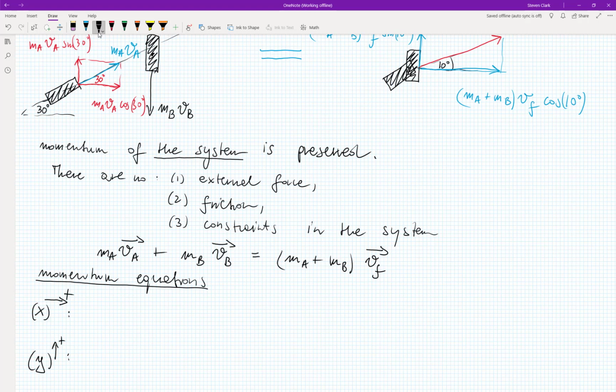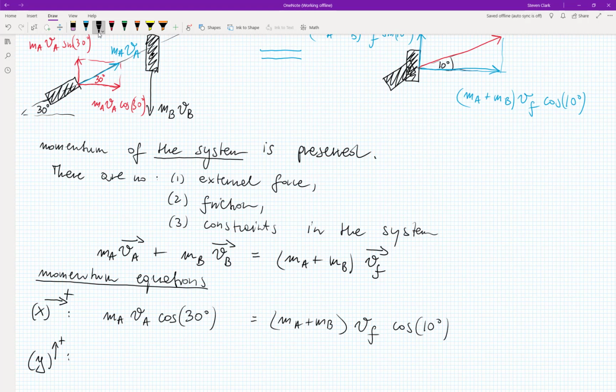In here we just have MA VA cosine 30 degrees, and this is equal to MA plus MB velocity final cosine 10 degrees.